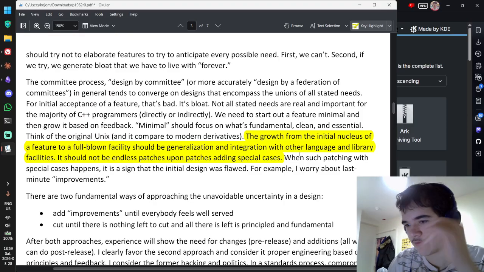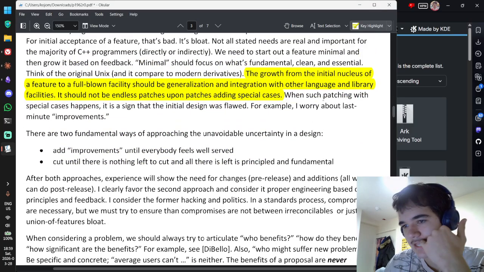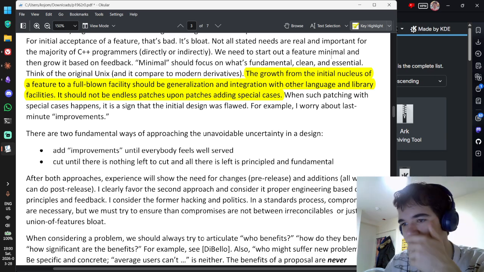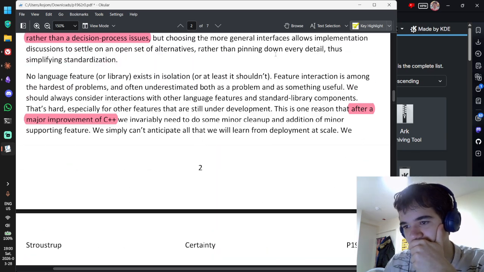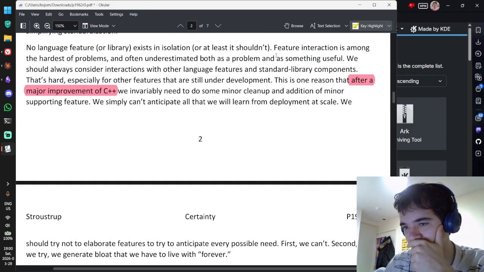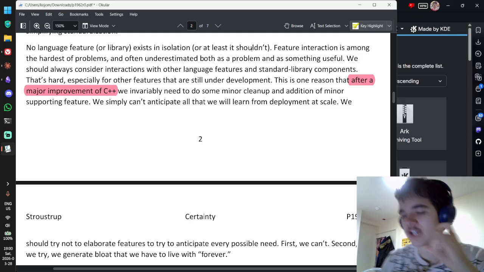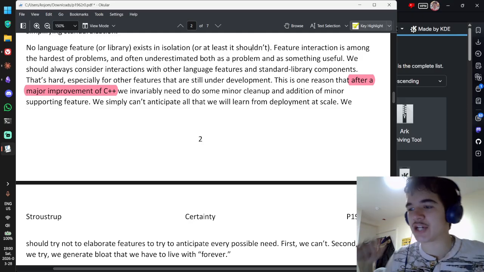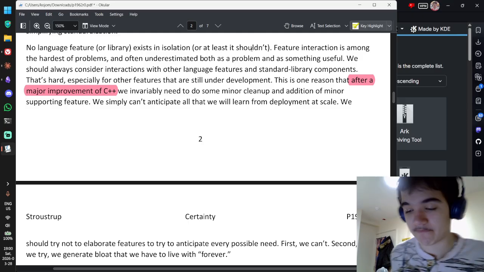So that's a really good thought. I like this. I'm seeing the potential in my Zettelkasten right now. But there was actually something else from here. No language feature exists in isolation. The reason this made me interested is that, from what I understand, Haskell is a language that actually was built with features in isolation.